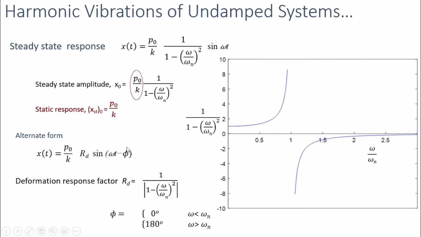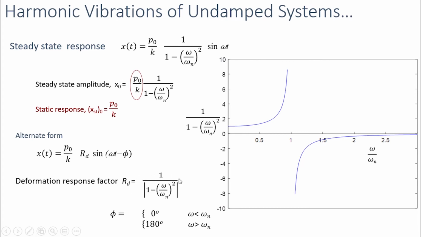This phase angle phi will be equal to 0 when omega is less than omega n, that is when the forcing frequency is less than the natural frequency, and the value of phi will be equal to 180 degrees when the forcing frequency is larger than the natural frequency. We will discuss what happens when the forcing frequency is equal to the natural frequency a little later.